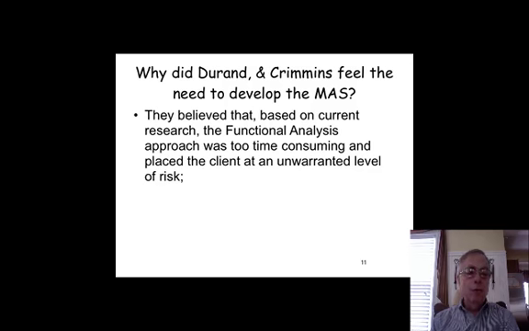Now, if you remember in the Iwata article, we talked specifically about the fact that we had medical personnel, nurses, watching these sessions every minute that they were run, and they had veto power. They could stop the session anytime they believed the person was at medical risk. They hardly ever did that, but they were there to protect the individuals.